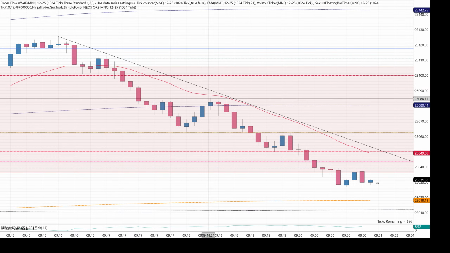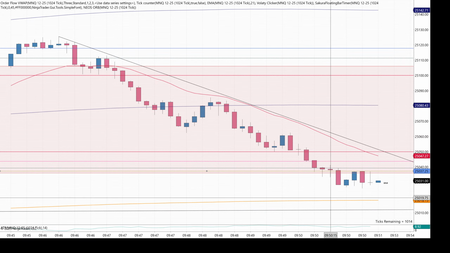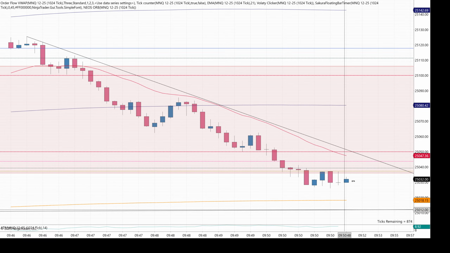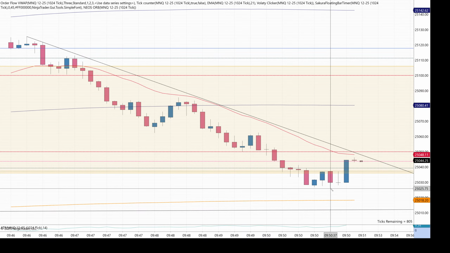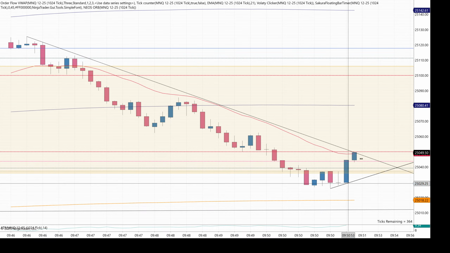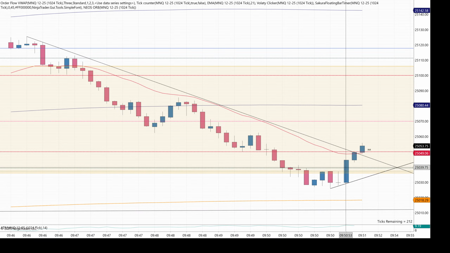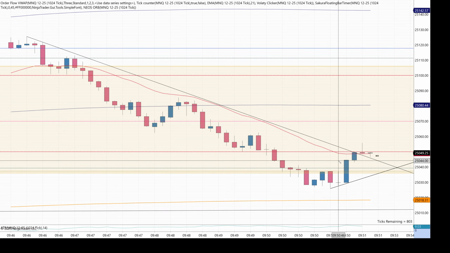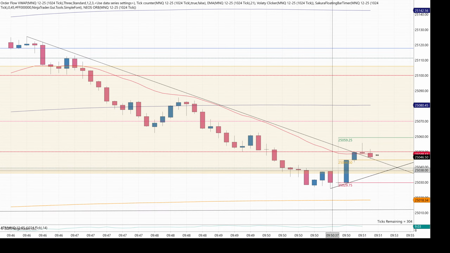The VWAP move, or golden ruler moves down again. And the runner's been taken out. So this big bullish candle here was the false positive bullish signal. We couldn't have taken it.